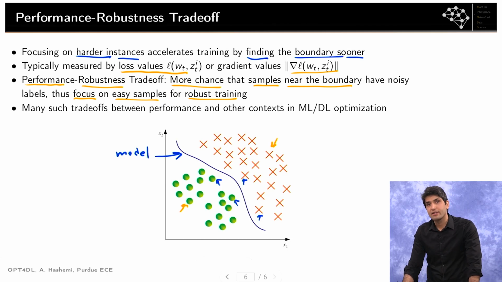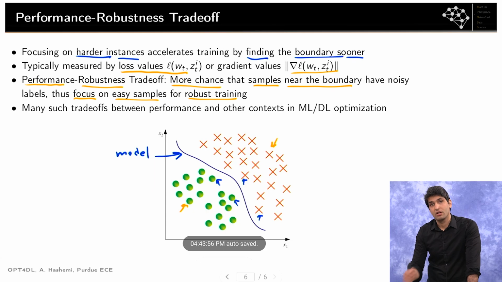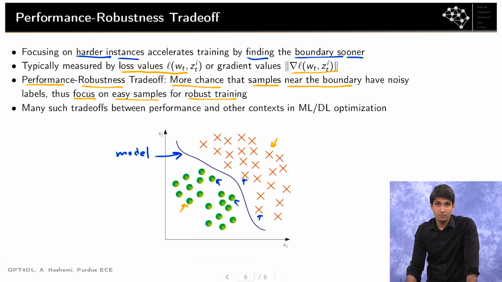If you know for a fact that the data is very, very clean, it is a good idea to focus on hard instances, like the previous experiments we saw in the previous slide. However, if you expect to see some noise in the data, you may want to focus on easy examples. That could mean that the performance is going to be slower, but you may gain nicer robustness properties. So this is basically a trade-off between performance and robustness.